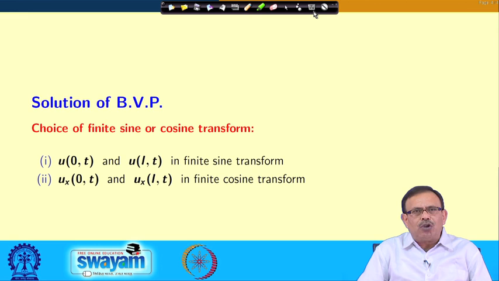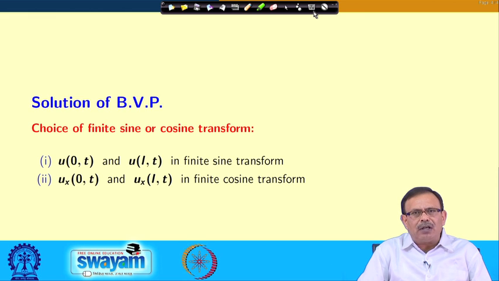For the finite sine transform, the values of u(0,t) and u(l,t) must be known to us, then only I can use the Fourier sine transform. Whereas for the finite cosine transform, the values of u_x(0,t) and u_x(l,t) must be known, that is, the first derivative of the function with respect to x at x equals 0 and at x equals L.